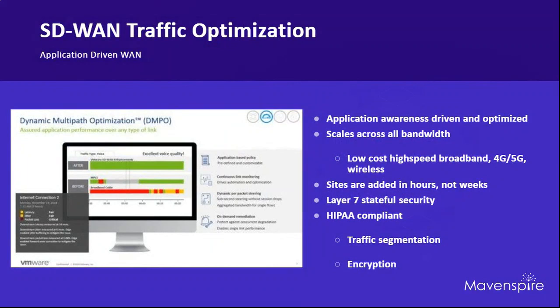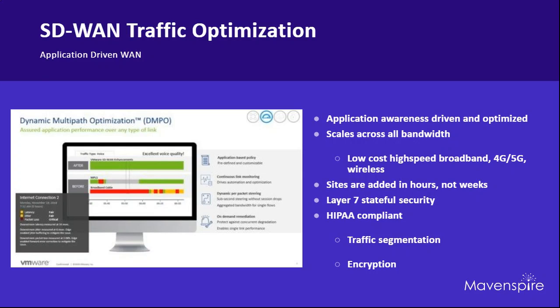So here we're going to talk about traffic optimization. I gave you the example of the home user. I'm also going to give you the example of trying to connect sites that don't traditionally have the ability to connect. So remote locations, third world countries, where internet is especially spotty.